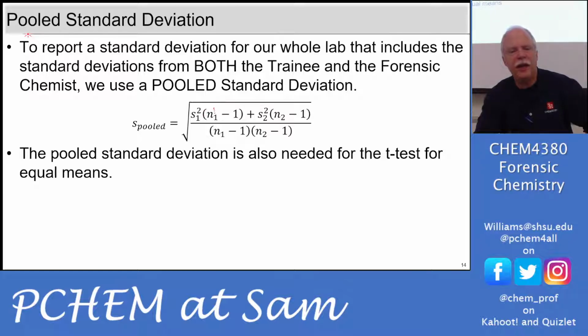Let's just call the trainee N1. So since we got rid of that data point, this would be 9 minus 1. This would be 10 minus 1. Let's go back and get those numbers.